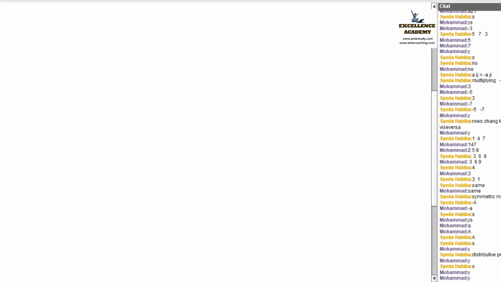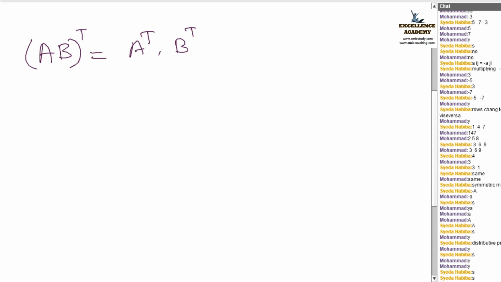Okay. Now next one is AB, the whole transpose. What will be AB, the whole transpose? It will be A transpose into B transpose. Right? Yes, let us check it.